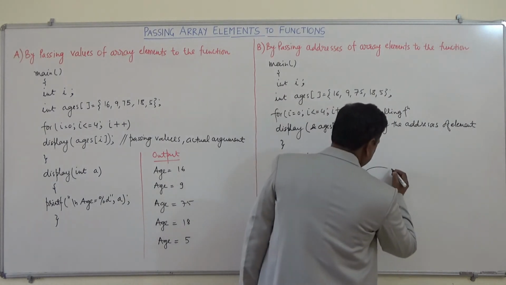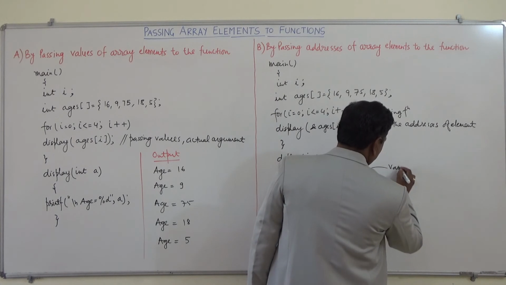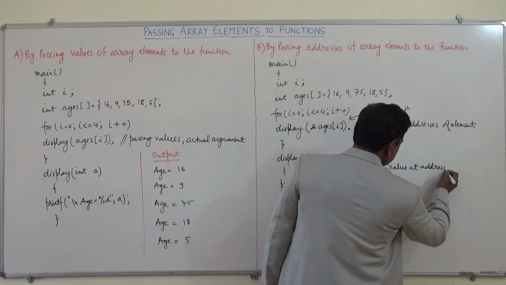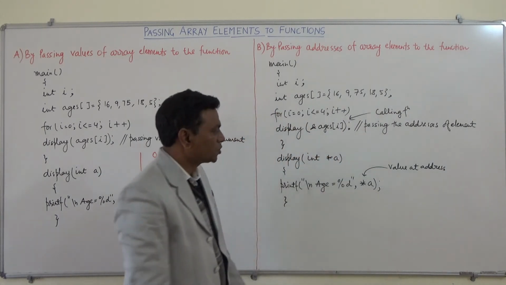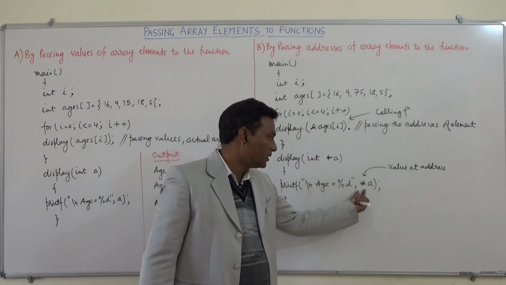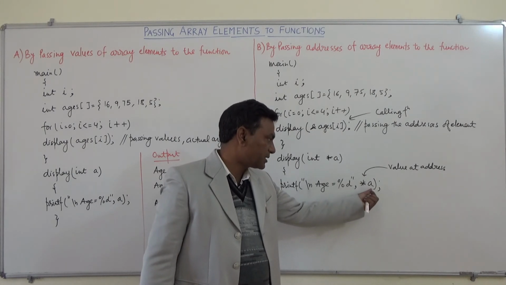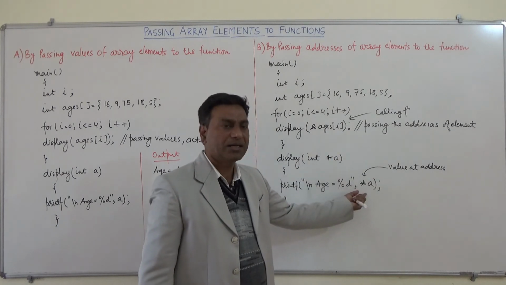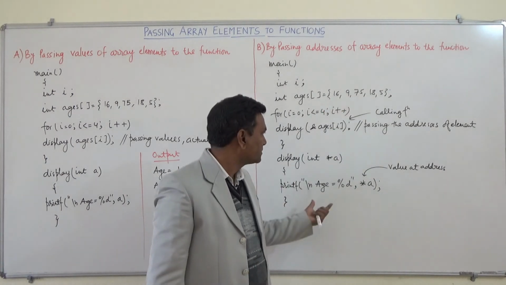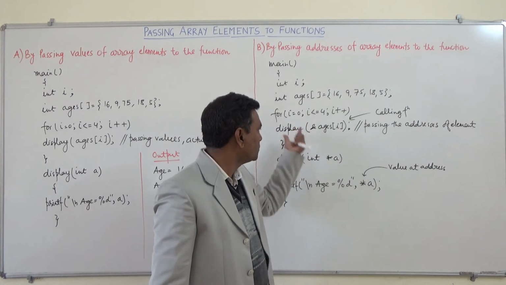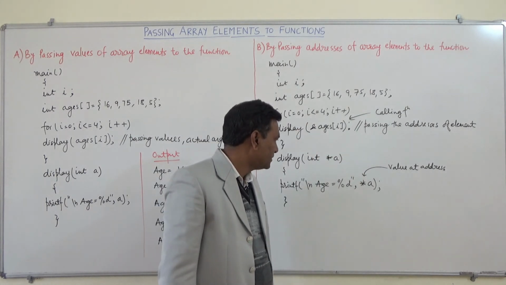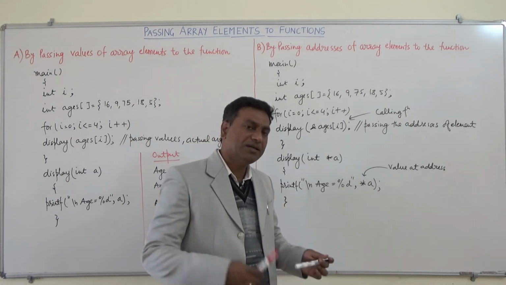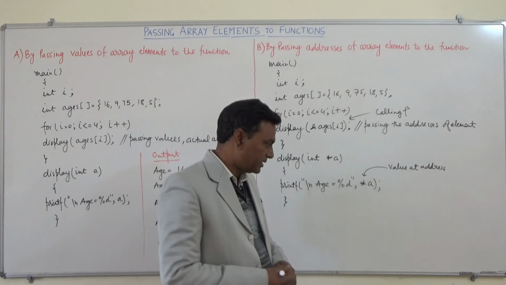This is the value at address operator. We will print the value at this address, and the address is A. A is containing the addresses of these elements that we are passing using this for loop one by one. So again the values at different addresses will be printed.